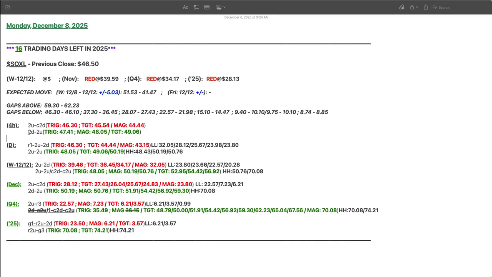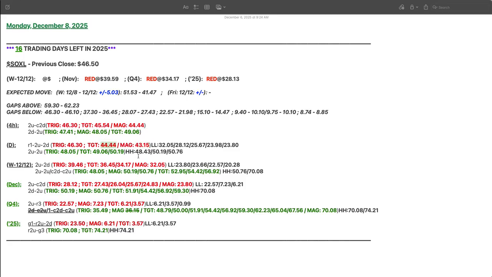Now, if we go to the upside, we would have a 2 down, 2 up on the 4-hour, triggering at 47.41, magnitude of 48.05. So not a lot of magnitude there, but we would have an extended target of 49.06. On the day chart, if we go to the downside, we talked about that would be a 1, 2 up, 2 down, triggering at 46.30. Magnitude for that move would be 43.15. Again, that's a pretty decent sized move in the face of an uptrend.